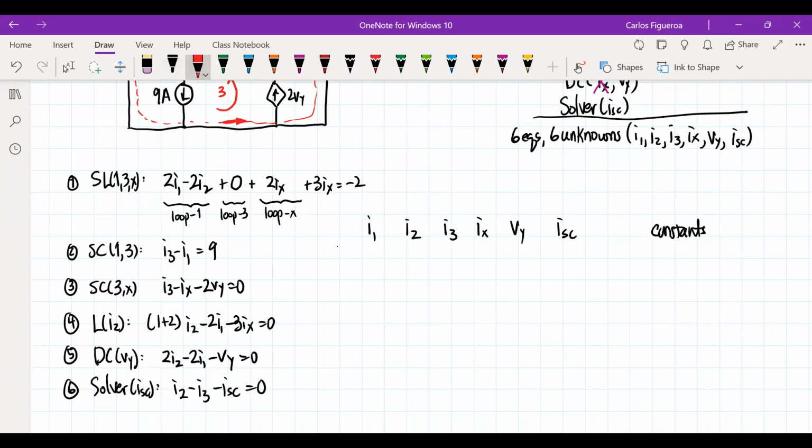So let's look for I1. So I got one here, here, here, there. So if I start to write them, I'm going to get 2 minus 1, 0, minus 2, minus 2, 0. So that's the start of my matrix.